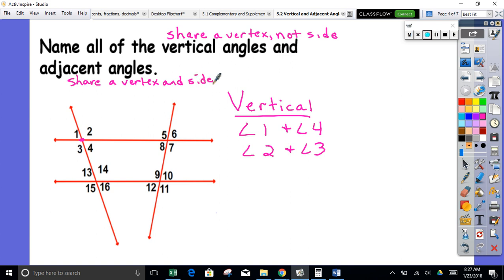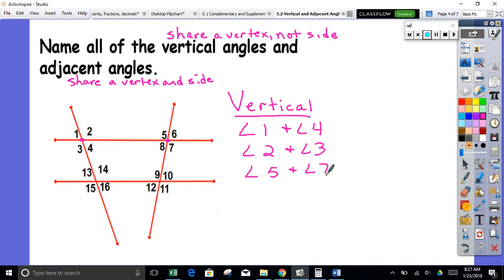Okay, so Jimmy, if we look at angle 5, do you see angle 5 on your paper? Okay, which angle shares the same vertex but not the same side? 7, good. So angle 5 and angle 7 are vertical angles.